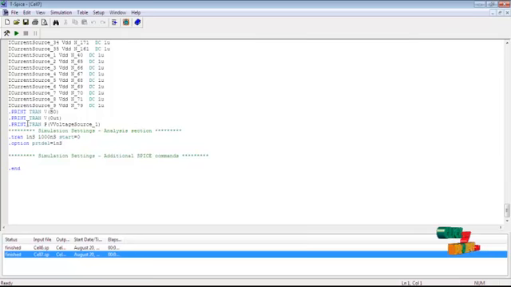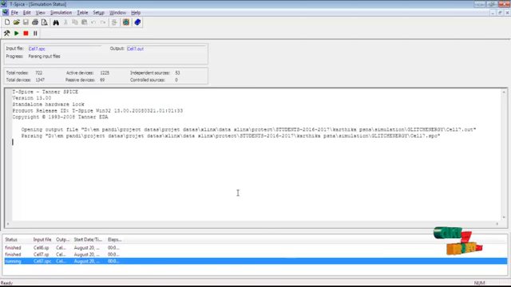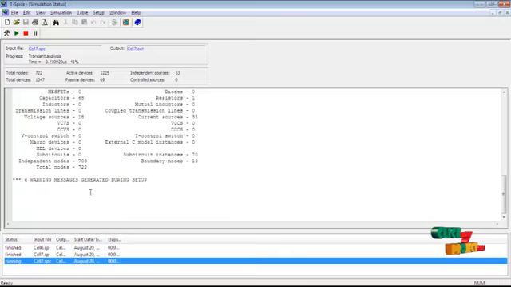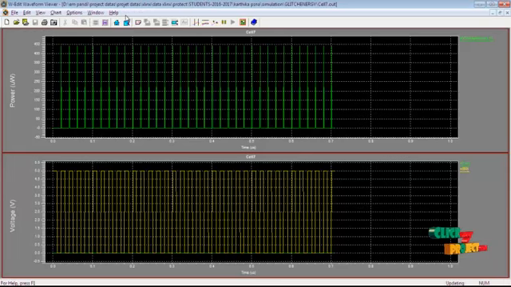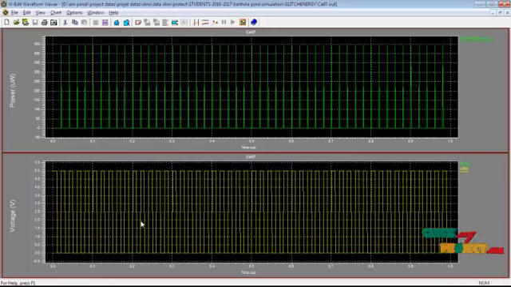Here the power value is given, so then run the simulation. The output power window will open in the corresponding output display window. This takes several seconds. The corresponding power output will be shown. This is the input voltage, and this is the power of our product.